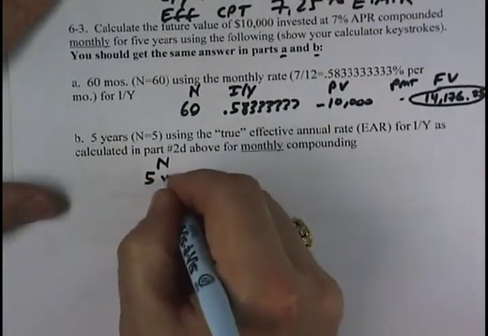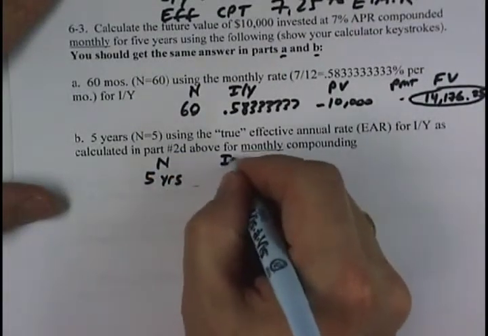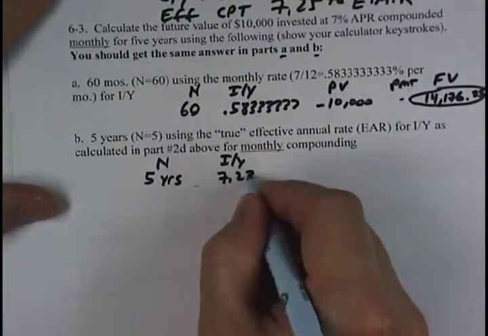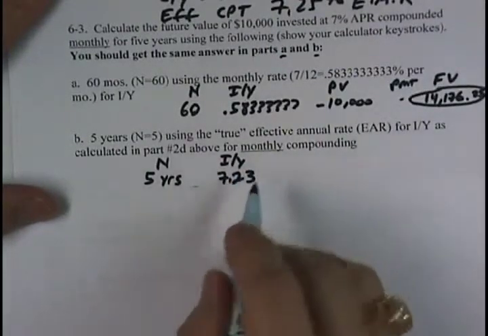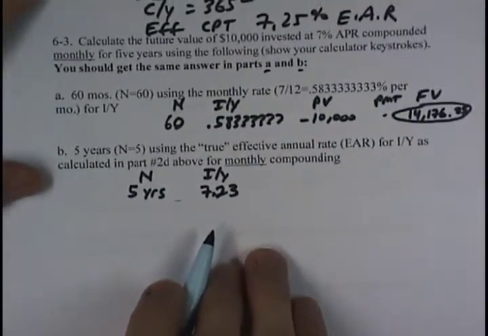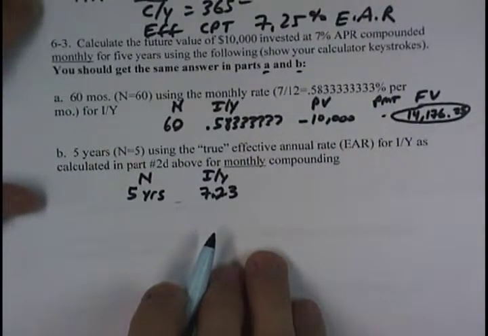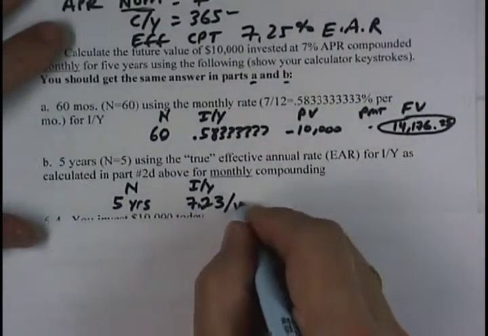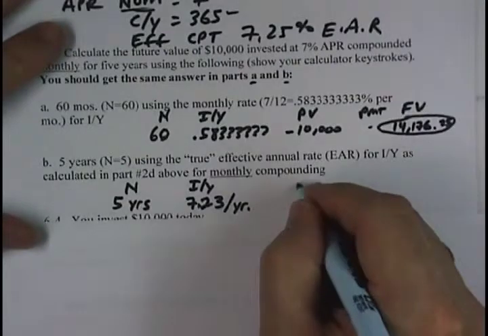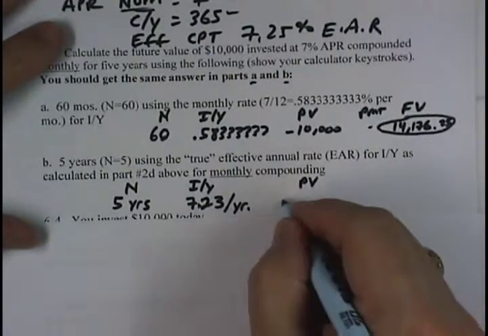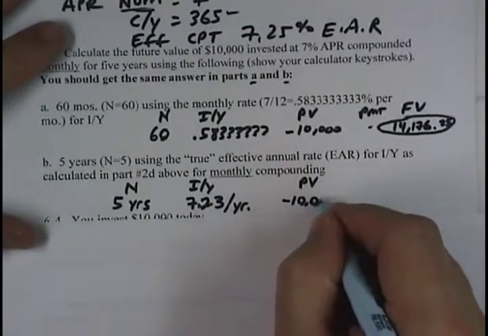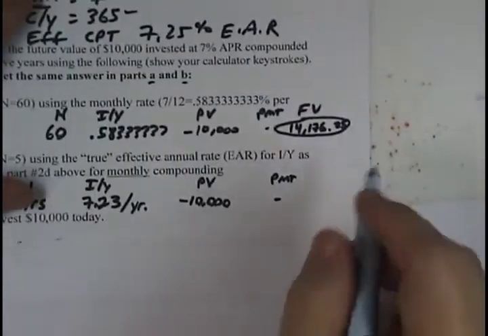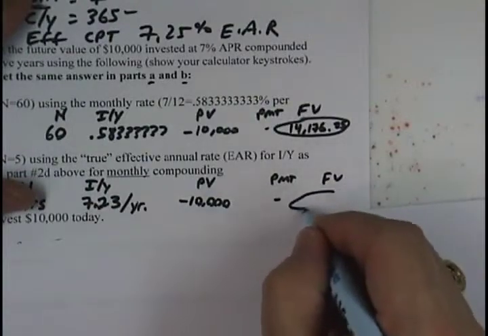So for N, if N is 5 years, and IY is that 7.23% effective rate we calculated above in Part D of 6.2, Part D for monthly compounding, then it is a 7.23% rate per year. So for my $10,000 investment, of course no payment, I can calculate the future value.